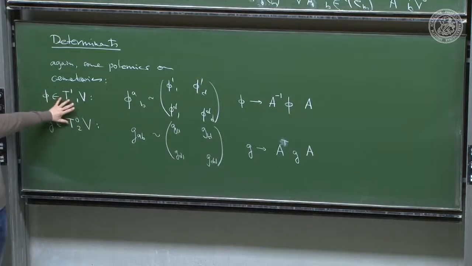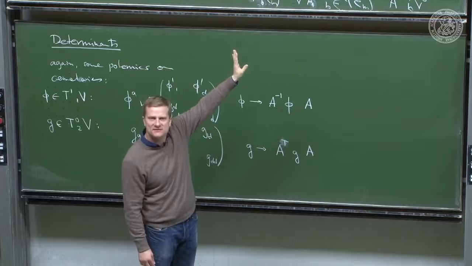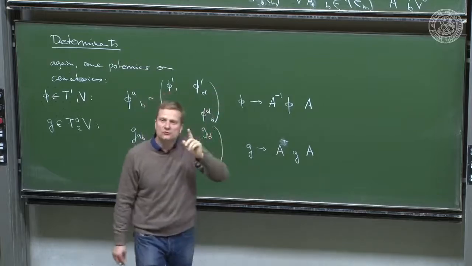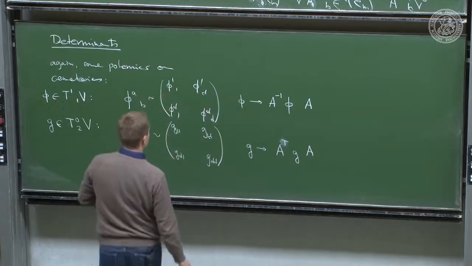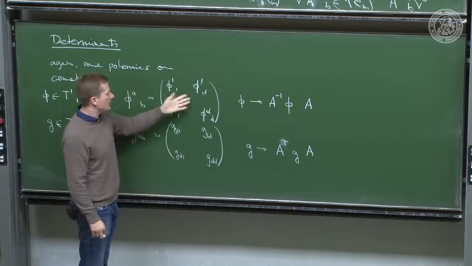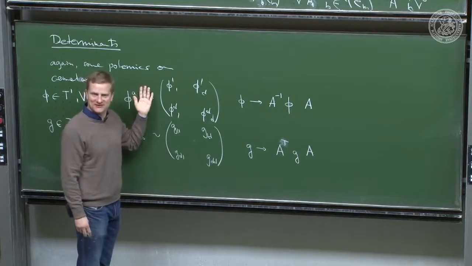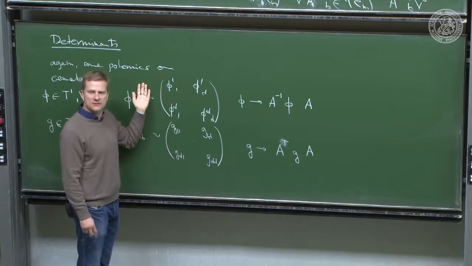Two totally different objects transform totally differently under change of basis. Now, if you do not change basis, you might delude yourself into thinking, this is a matrix, that's a matrix. What I can do with a matrix, I can do with a matrix. So in particular, you could say, I define the determinant for this matrix according to some witchcraft rule.